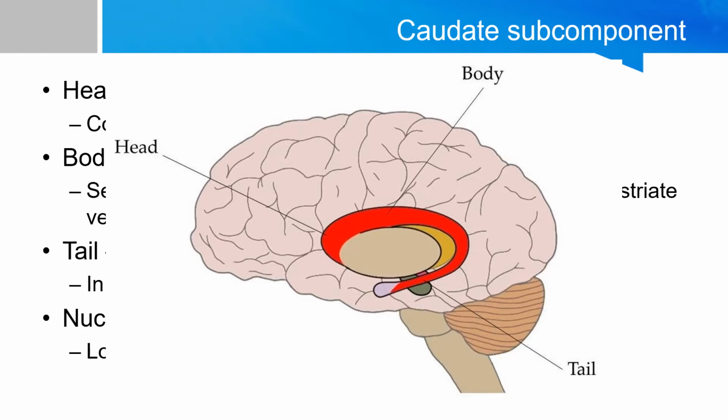And also anterior to the caudate head, where the caudate and the putamen meet anteriorly, you will find the nucleus accumbens. Posteriorly, the tail of the caudate is contiguous with the amygdala.